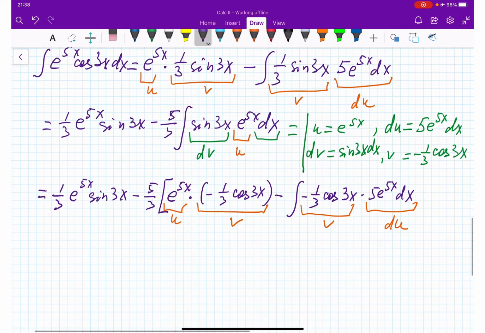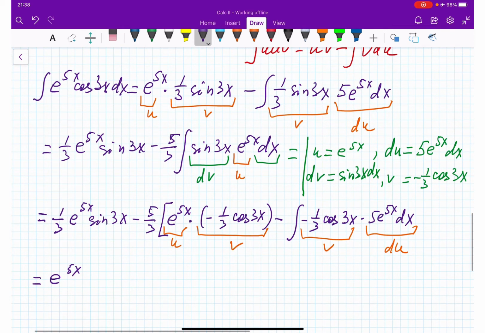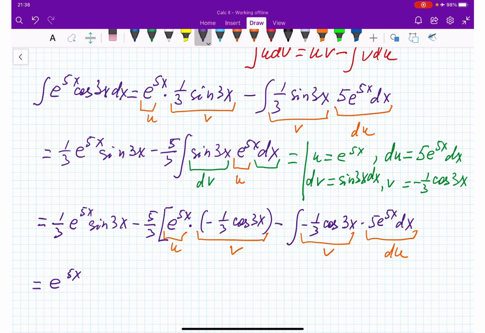What are we going to get here? This is what we get, interesting. Let me show you, in this color.